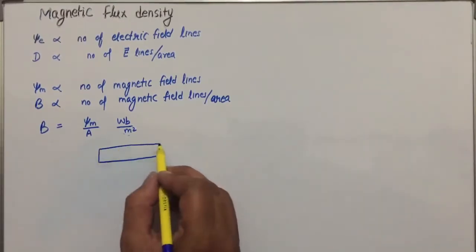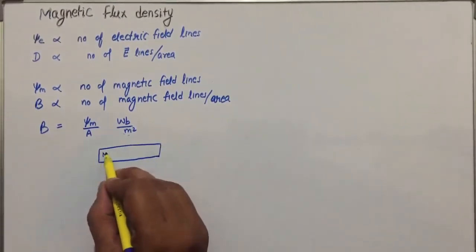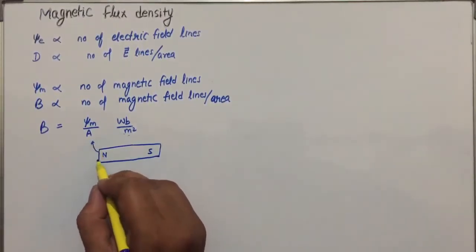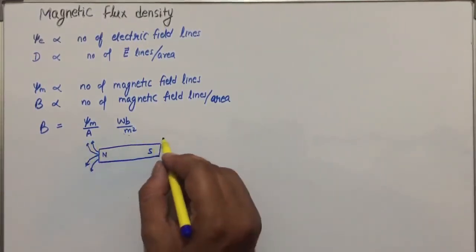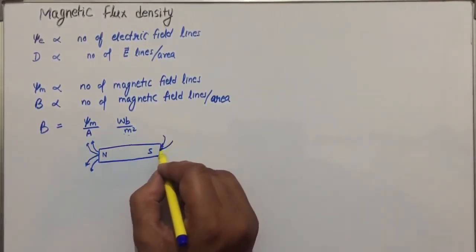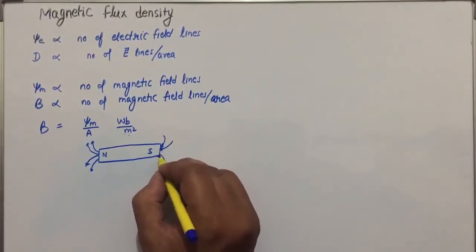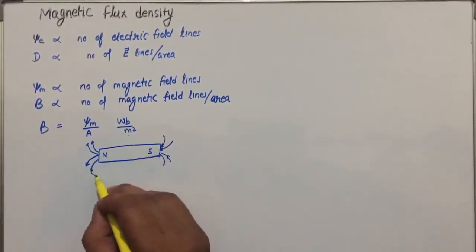Let us consider a magnet, and we know that there will be a north and south pole, and magnetic flux lines originate from north and terminate at south, and they form a closed path.